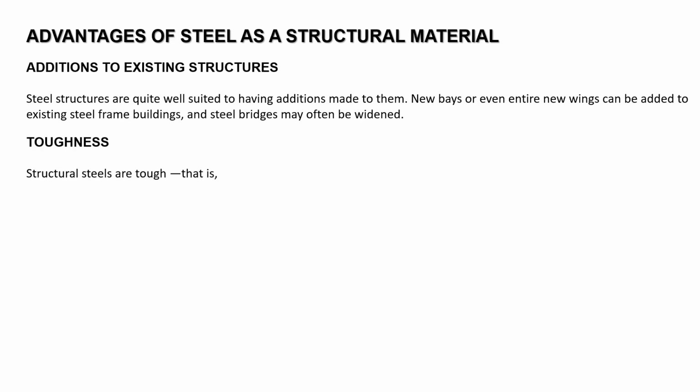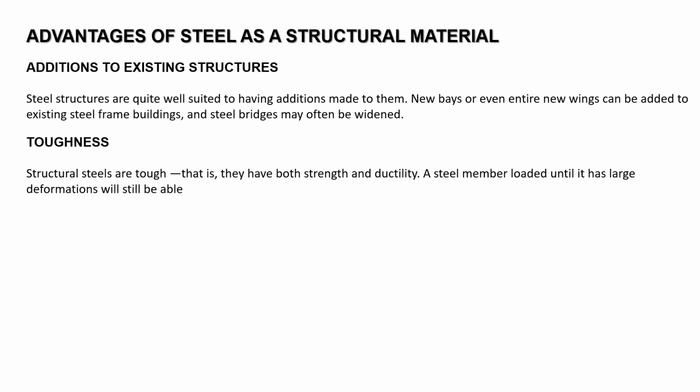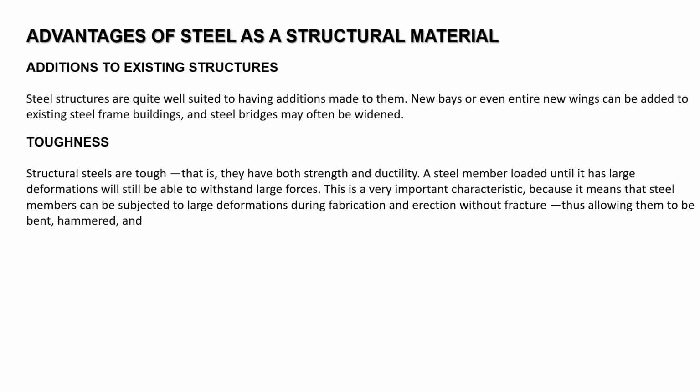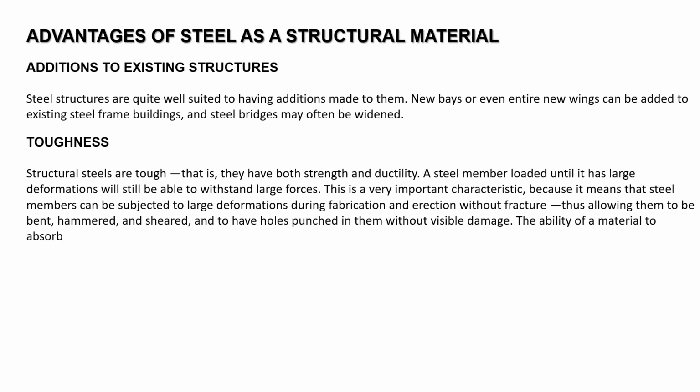Toughness. Structural steels are tough, that is, they have both strength and ductility. A steel member loaded until it has a large deformation will still be able to withstand large forces. This is a very important characteristic because it means that steel members can be subjected to large deformations during fabrication and erection without fracture, thus allowing them to be bent, hammered, sheared, and to have holes punched in them without visible damage.